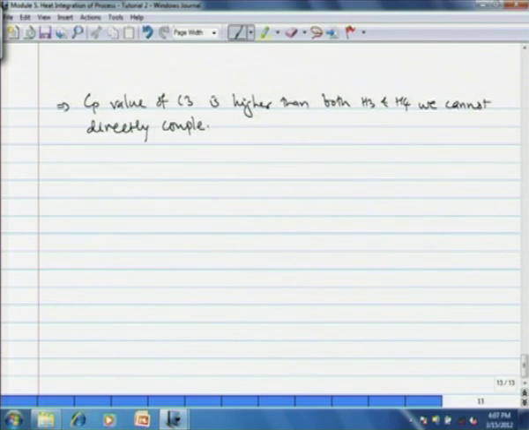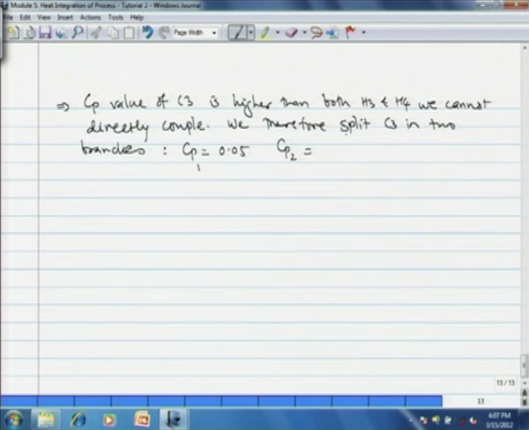And therefore, we go for splitting of stream C3 in two branches. One branch with Cp of 0.05 and the second branch with Cp of 0.0167.